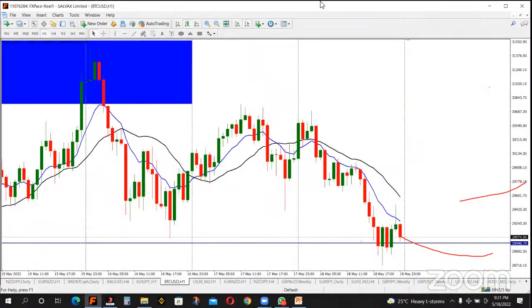Once you plot this moving average, once price is above the particular moving average, let's say 10 period moving average, if it moves from the 10 period moving average, the next place it will go is the 20 period moving average.